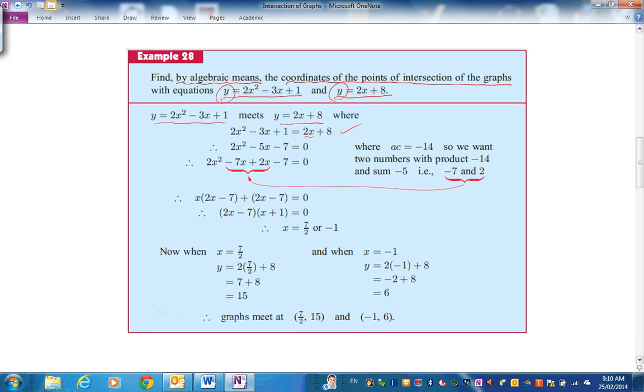Moving these terms across to the left, because you know with a quadratic we always try to equate it to zero, factorise, use the null factor law, all that stuff. So subtracting 2x from both sides and subtracting 8, we get neg 3x take 2x, neg 5x, 1 take 8 is neg 7. So we're going to try and factorise this.